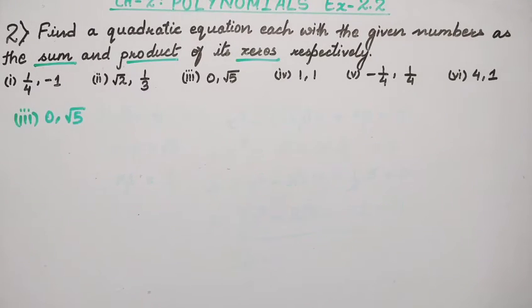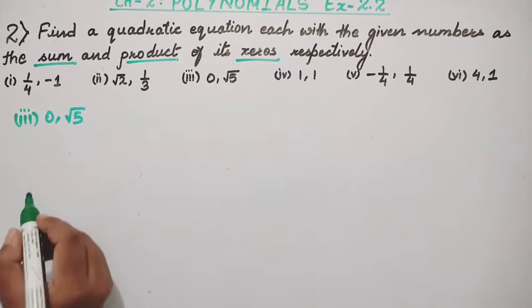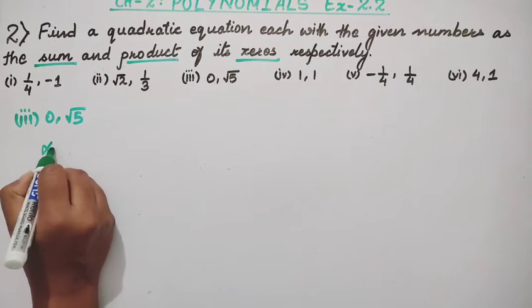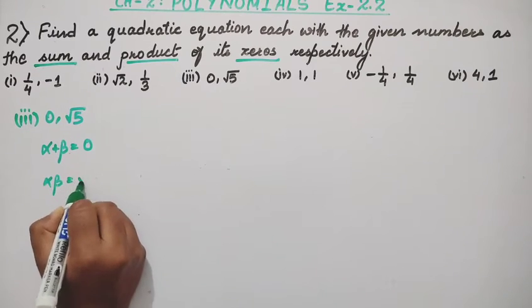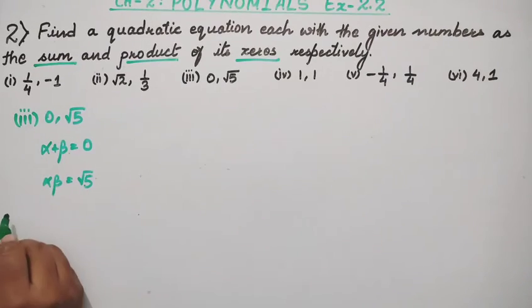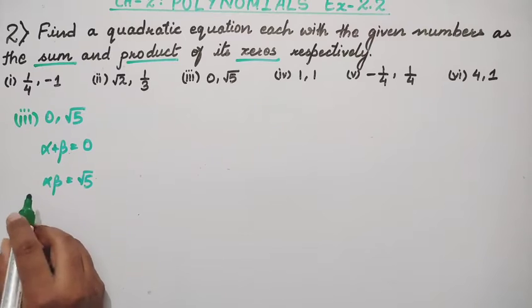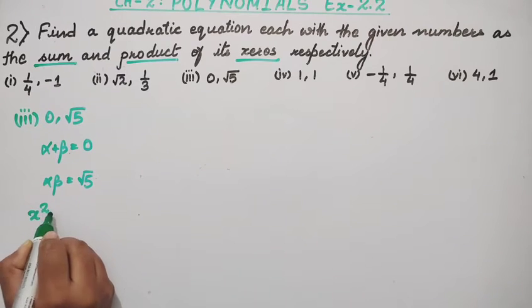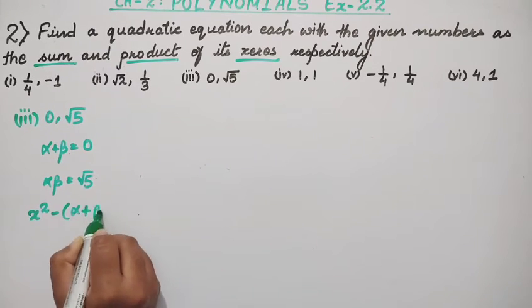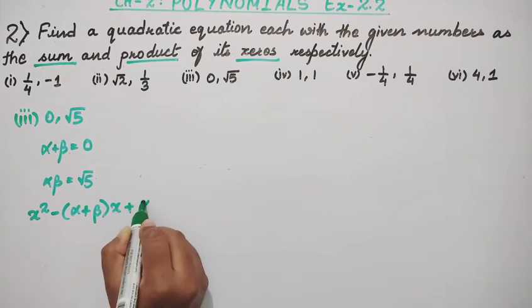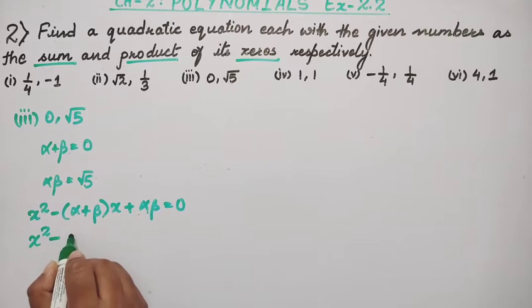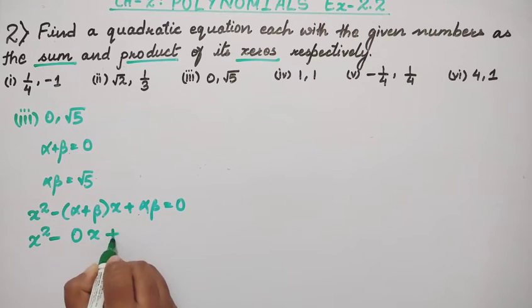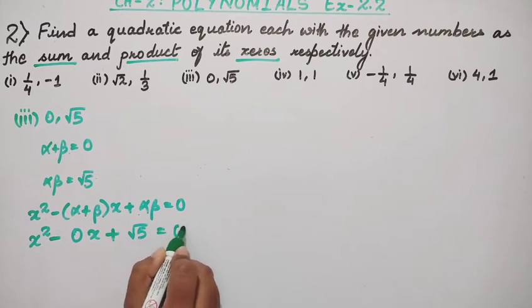Moving on to the next question. We have 0 and √5. Here alpha plus beta is 0 and alpha beta is √5. Again let me write it from here. x square minus alpha plus beta into x plus alpha beta equals 0. x square minus 0 into x plus √5 equals 0.